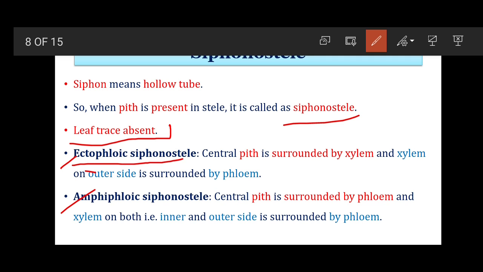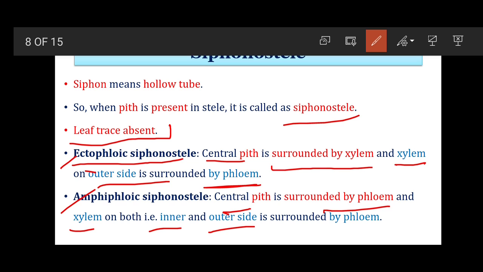In the ectophloic type, the central pith is surrounded by the xylem, and xylem on the outer side is surrounded by a phloem. In the amphiphloic type, central pith is surrounded by phloem, then comes xylem, and then again there is a phloem. So phloem covers the xylem from inner and outer side.